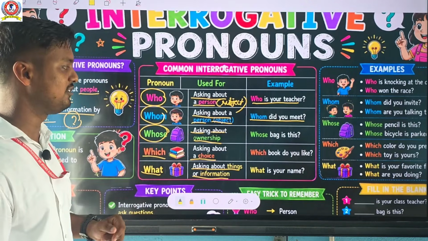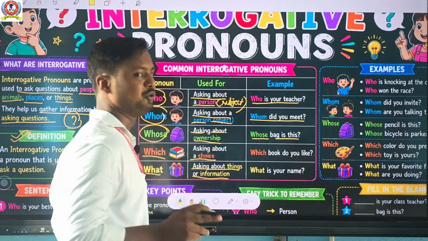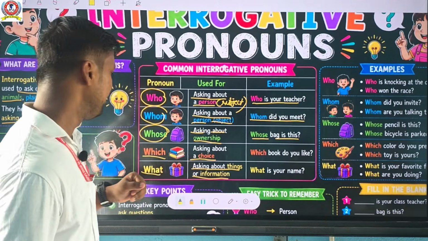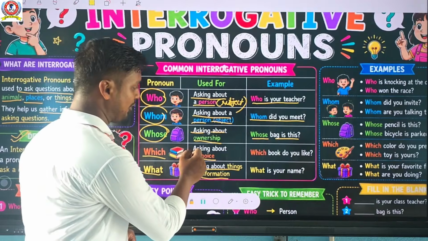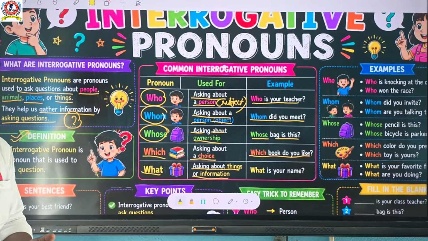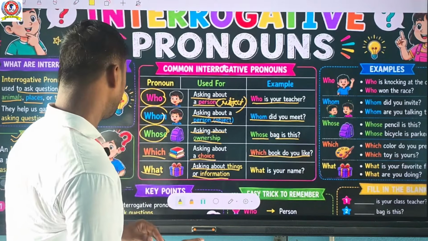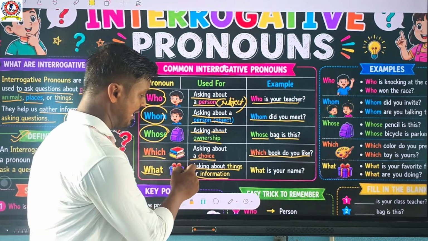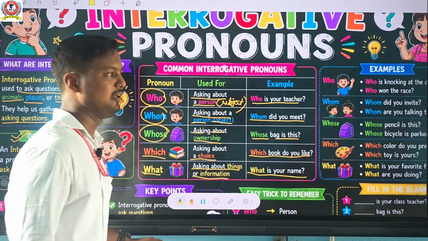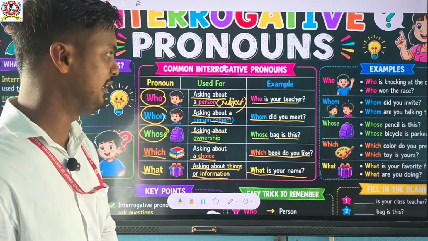Whose, asking ownership. Whose bag is this? That means you don't know whose bag this is. Then which, asking about a choice. Which book do you like? That means you have to choose. And what, asking about a thing or information. What is your name? That means you are asking that person what their name is.